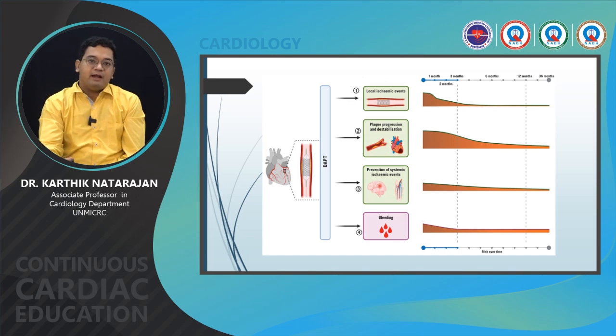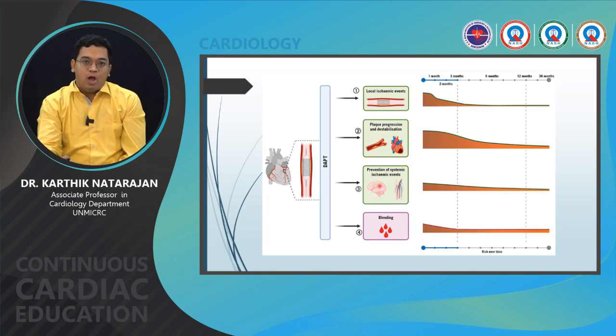Also, patients who have coronary artery disease may also have other vascular beds involved, like the cerebral circulation and the peripheral circulation. So, antiplatelets not only prevent local ischemic events, their role is also to prevent systemic ischemic events.